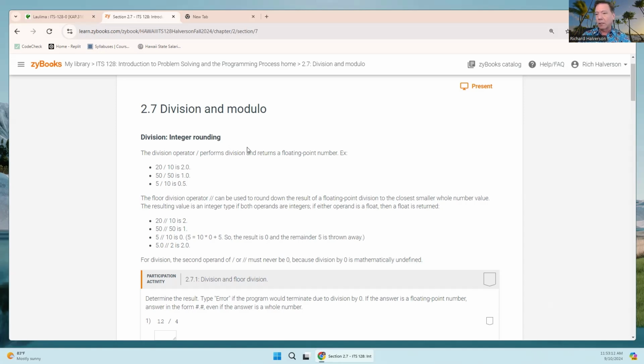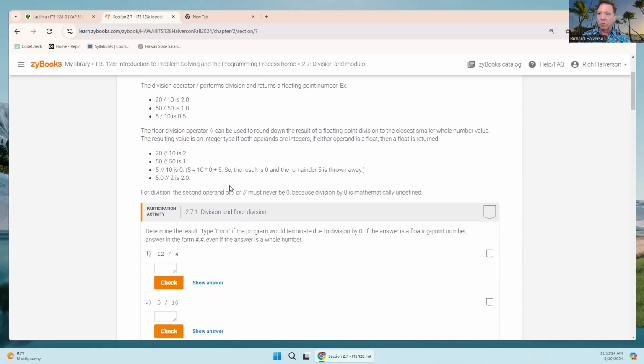Well, in Python, you can do it either way. When you just do a regular old slash, 20 divided by 10 with a plain old slash, you're going to get something that can have digits to the right of the decimal point. If you use the double slash operator, that means you're just getting the quotient part, and you throw away the remainder.